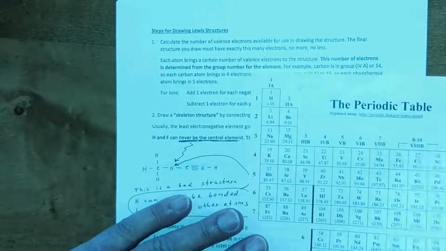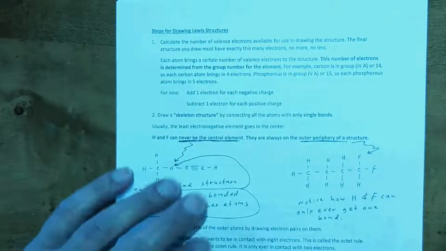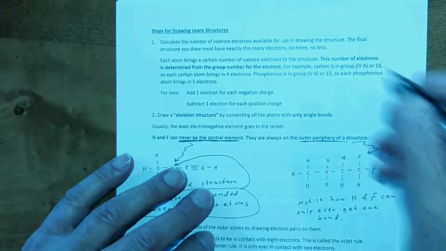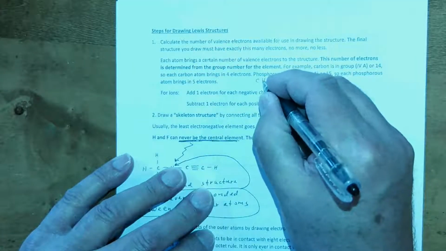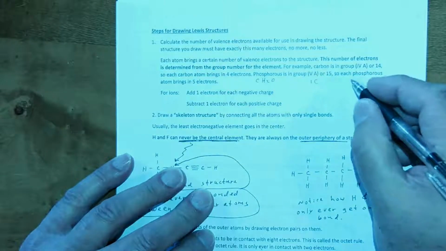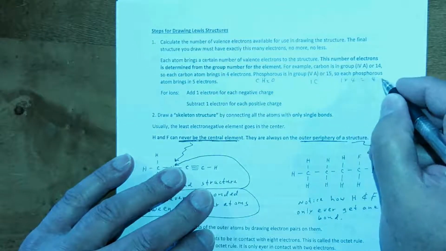So if we asked you to come up with the Lewis structure for that CH2O and you had to count up electrons, you'd say, oh, I got 1 carbon atom. Say we're doing CH2O. 1 carbon atom, that's 1 times 4, 4 electrons.